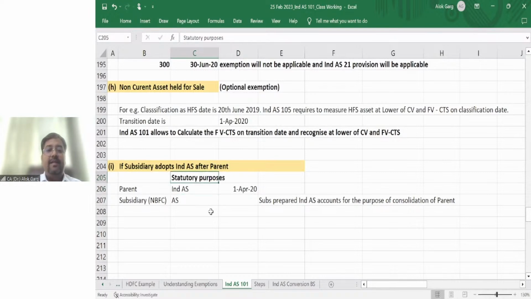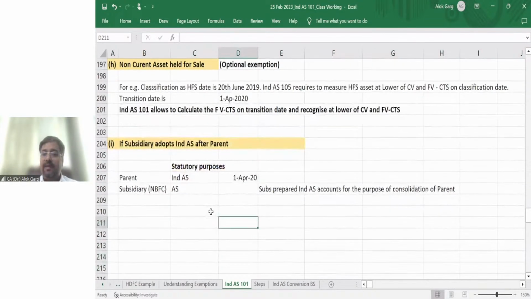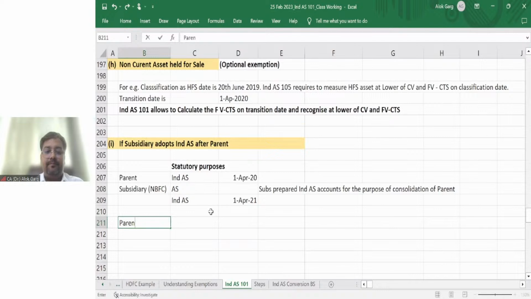But the parent is preparing Ind AS accounts for the statutory purposes. I hope it is clear to all of you. Now, the requirement for this subsidiary to prepare Ind AS accounts is from 1st April 2021. The subsidiary is preparing Ind AS accounts from 1st April 2021. Right? Now let's discuss the parent company.